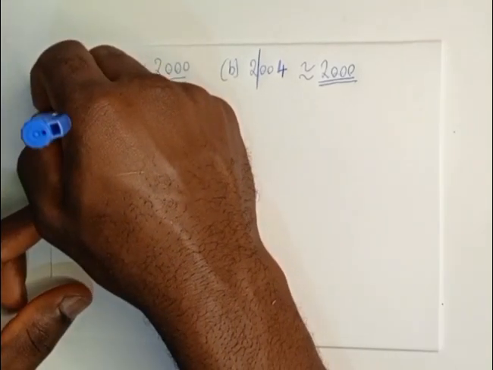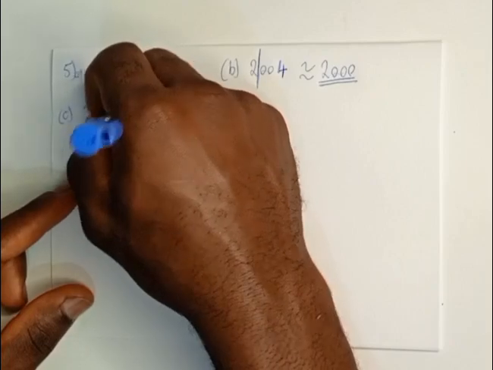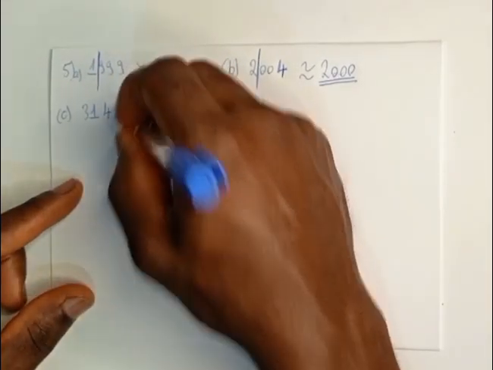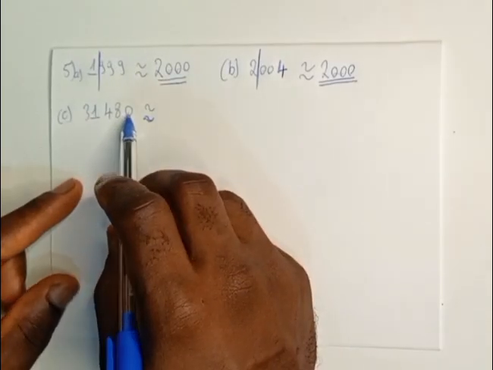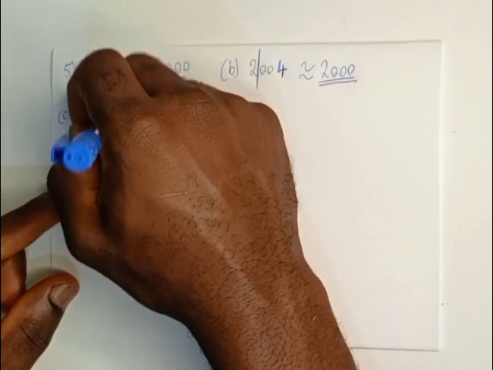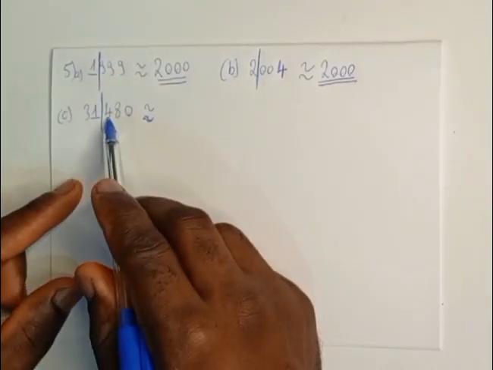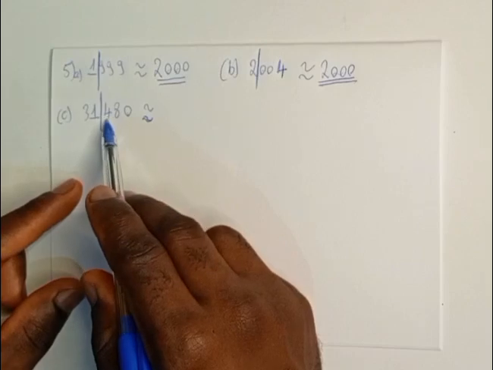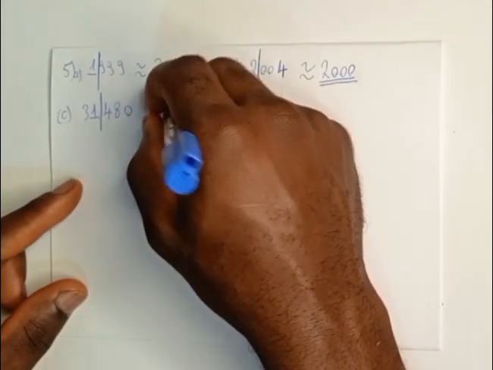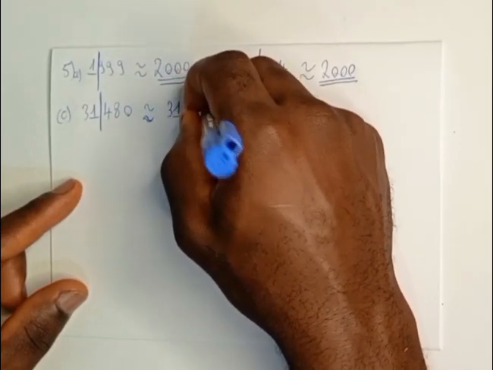For C, we have the number 31,480. To the nearest thousand, this will be approximately, this is units, tens, hundreds. We have to approximate here. 4 is less than 5. It is rounded down to 0. So we replace all the other digits with zeros. This will give us 31,000.